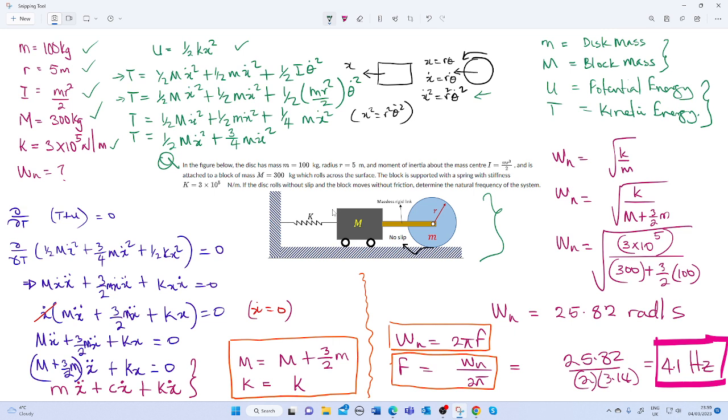And knowing fully well that s squared equals r squared theta dot squared from the reference of the dynamics, we can input it into this particular equation.